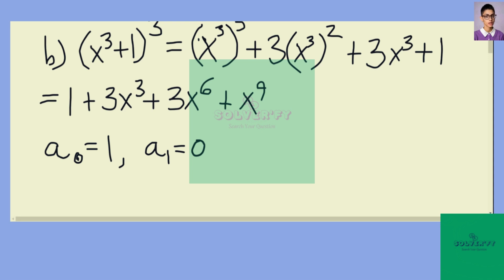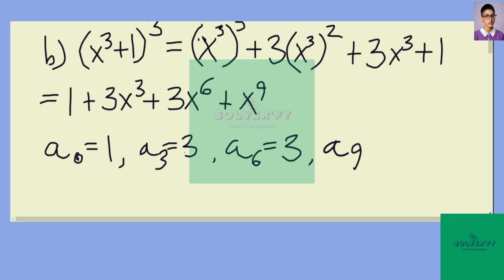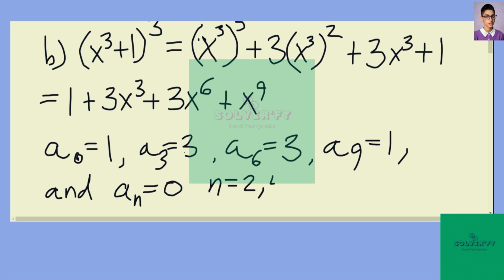Maybe a simpler way to write this: a0 equals 1, a3 equals 3, a6 equals 3, and a9 equals 1, and we have that an is equal to 0 for n equal to 1, 2, 4, 5, 7, 8, 10, 11, 12, and so on.